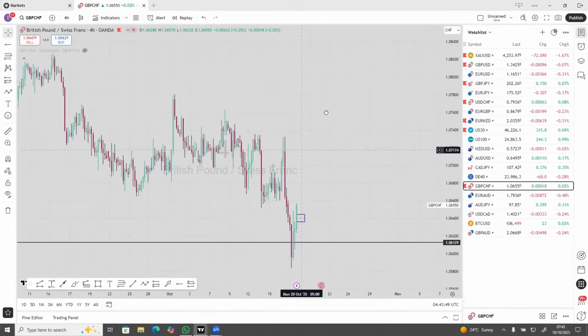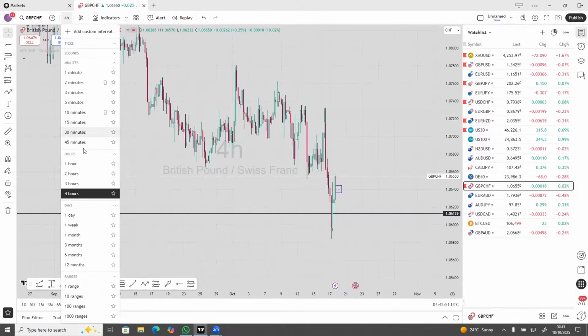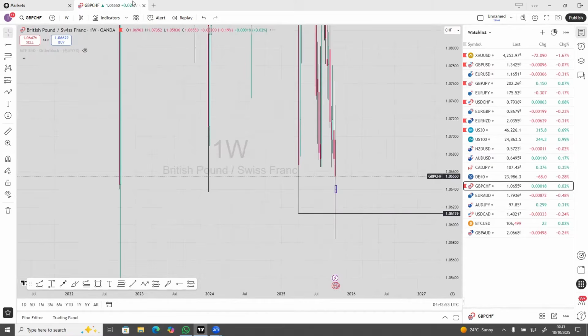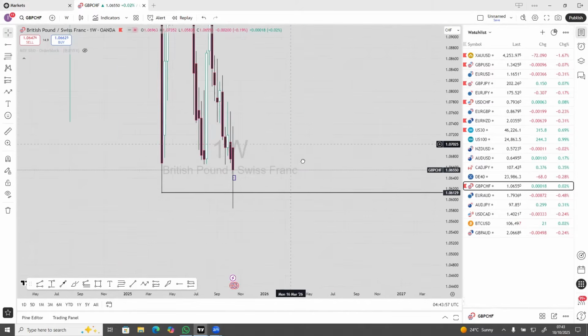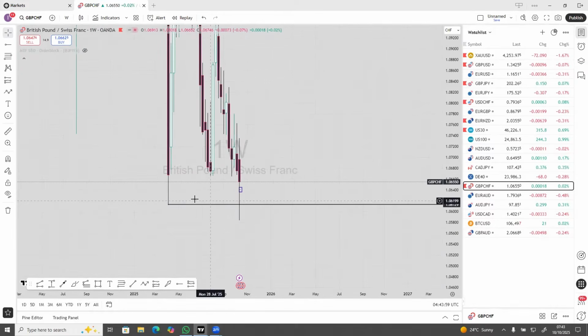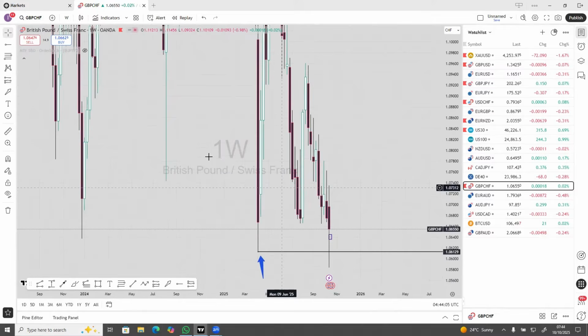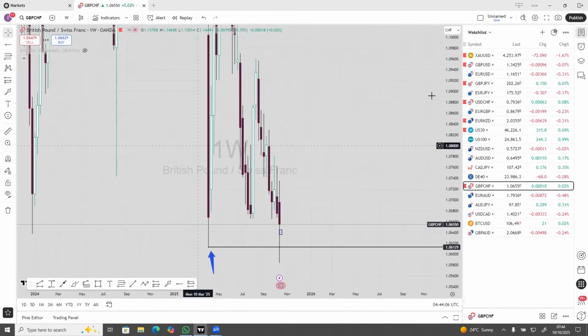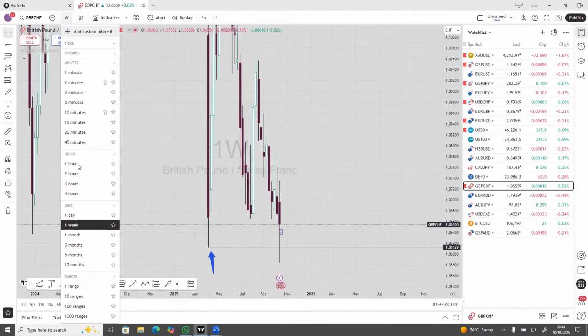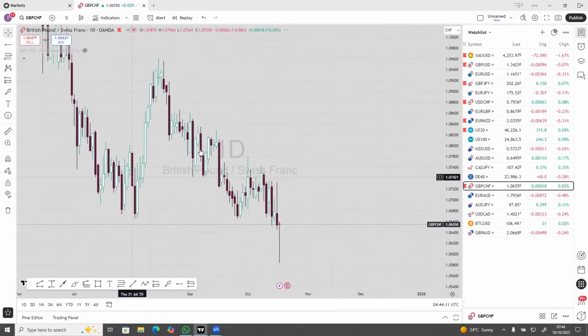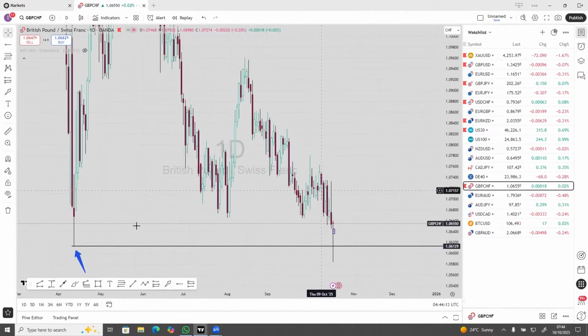GBP CHF. We can start with the weekly time frame. On the weekly time frame you can see there is a sweep. After the sweep, you can shift to a lower time frame to collect more information.